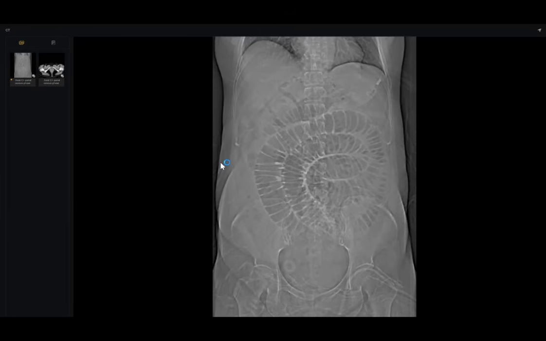I again demonstrate these linear lucencies along the right upper abdomen. No pneumoperitoneum, no suture lines, no metallic clips. I am looking for the hernias, which I cannot appreciate. Final diagnosis so far is the same, the small bowel obstruction due to gallstone ileus.